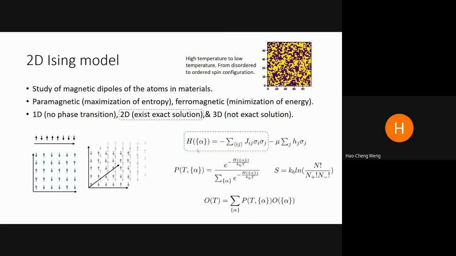This n is the total number of spins, and this plus and minus is the quantity of spins for spin up and spin down. So in this Ising model, we want to maximize the entropy, so it kind of goes into a randomly organized state. And the other way is that we want to minimize the energy. So these two compete with each other.